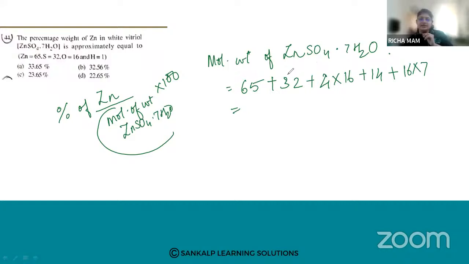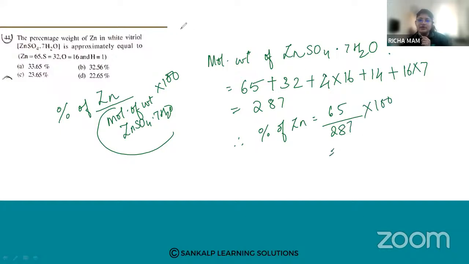So after calculating this, the molecular weight of ZnSO4.7H2O comes to what? It should come to 287. Calculate. See, are you getting the same? Now, percentage of zinc. Zinc is what? 65 divided by 287 into 100. Calculate now this.